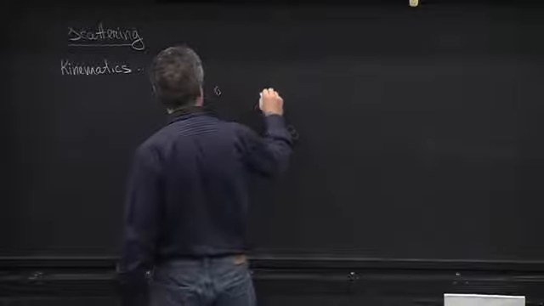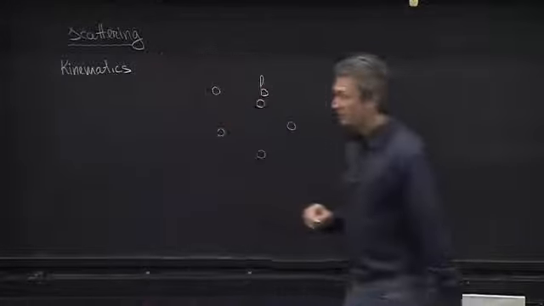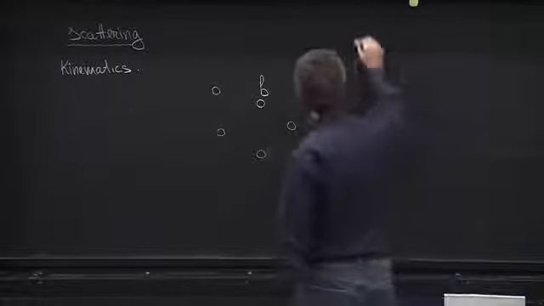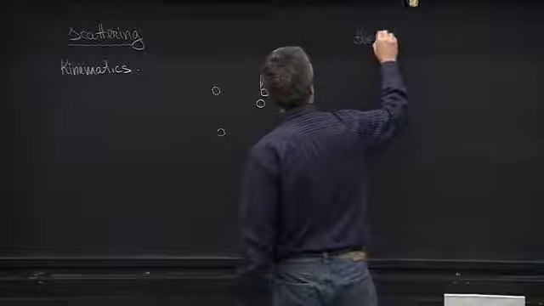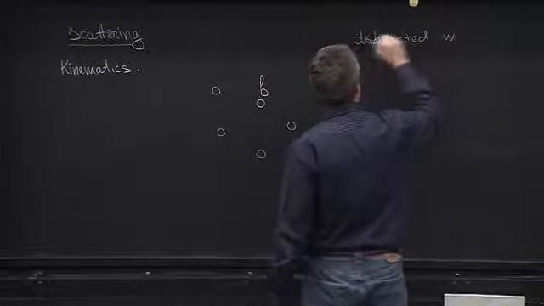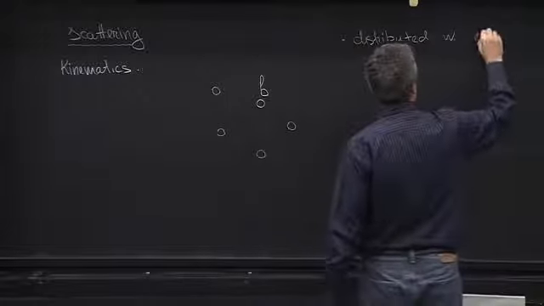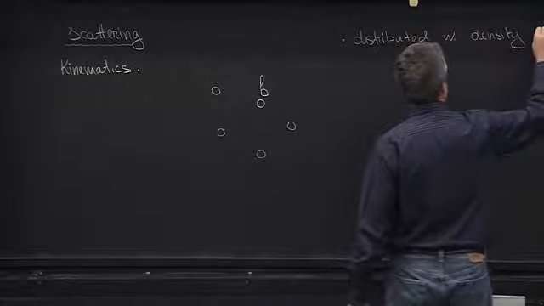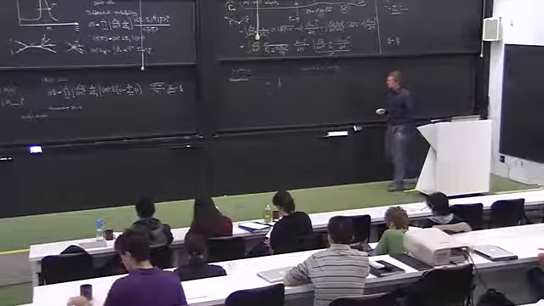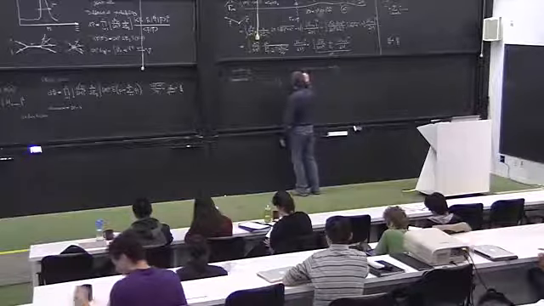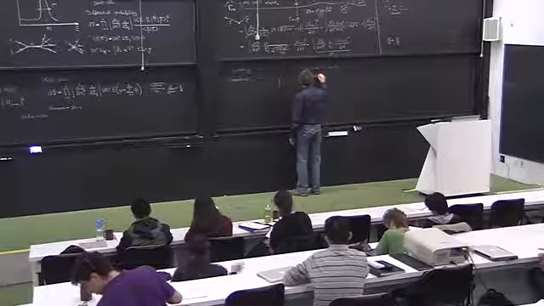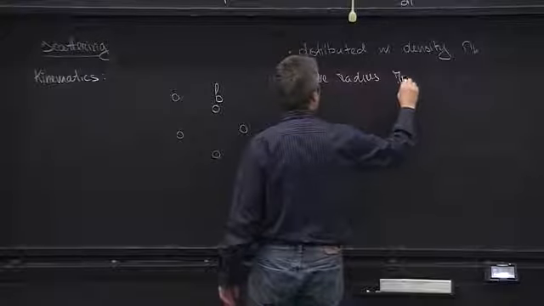So let's call these particles B. We will assume that they are distributed with density NB. So there are NB particles in unit volume. And our hard spheres have a radius that we will denote by RB.